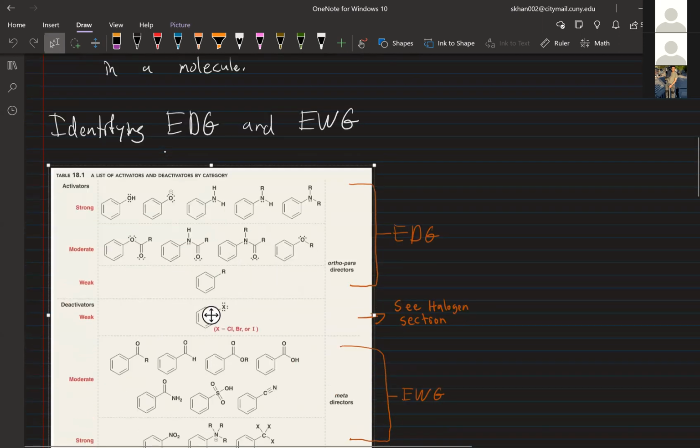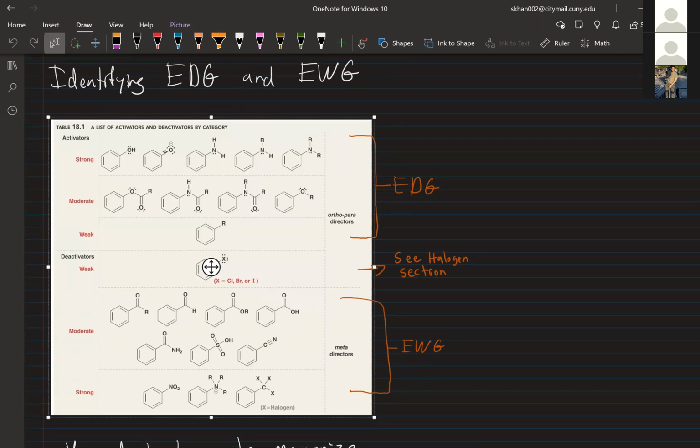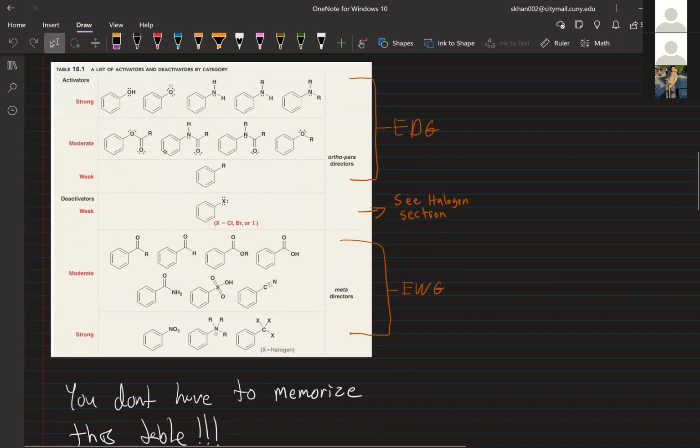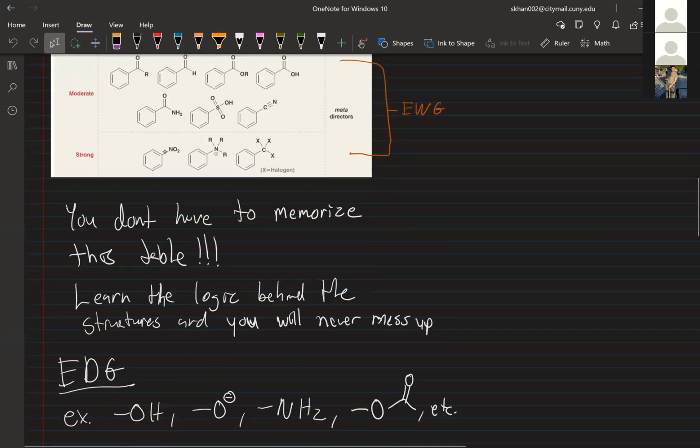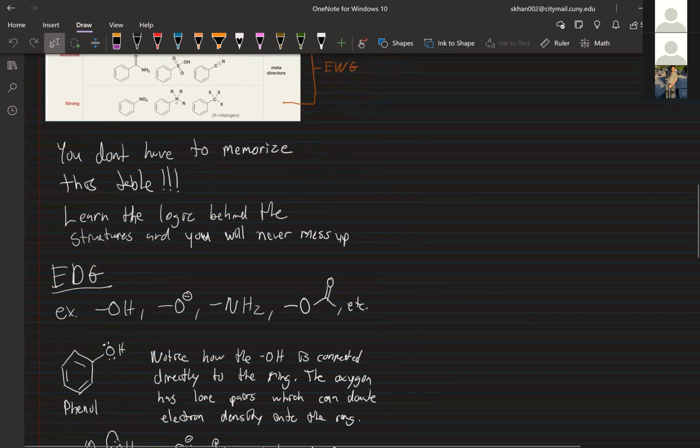So this table, like I said before, has kind of everything on it. Essentially the top portion are electron donating groups, and the bottom portion are electron withdrawing groups. The halogens are a little funky though, just for aromatic reactions, right? If you scroll down, like I said, you don't have to memorize all this.